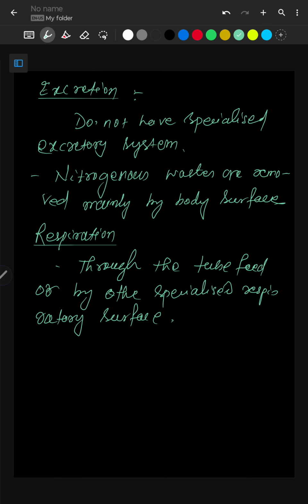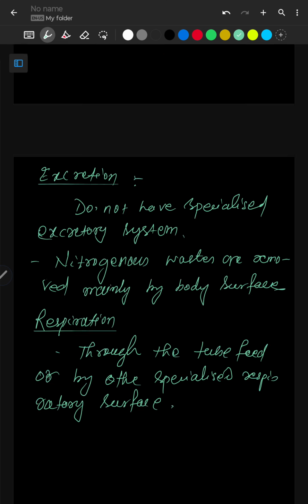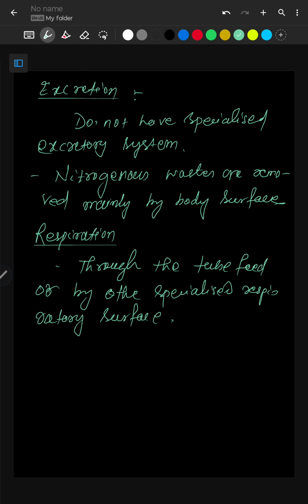And it depends on the group. In case of starfish, it is through the tube feet exclusively. If you take sea urchin, then it is both by the surface as well as the tube feet. So it varies from group to group.